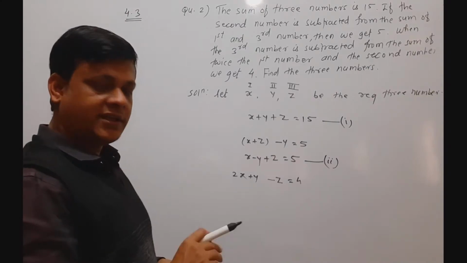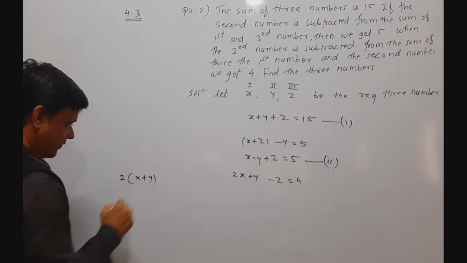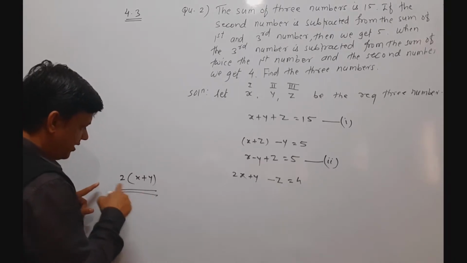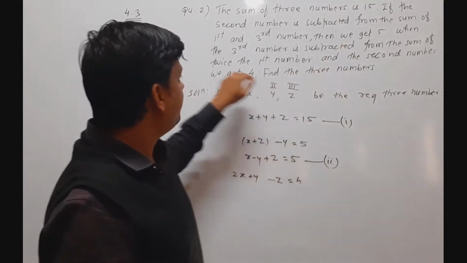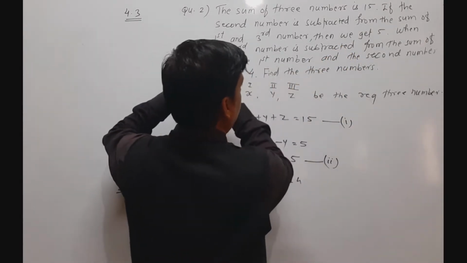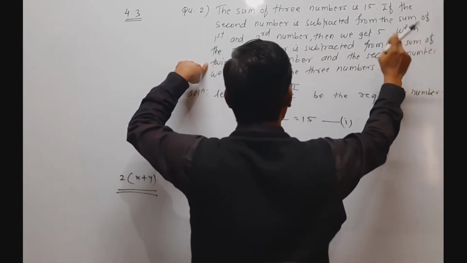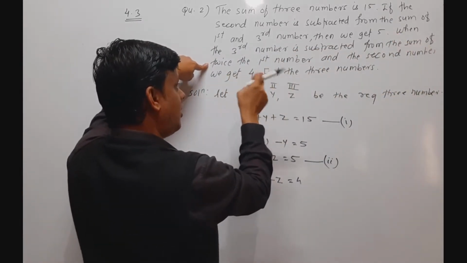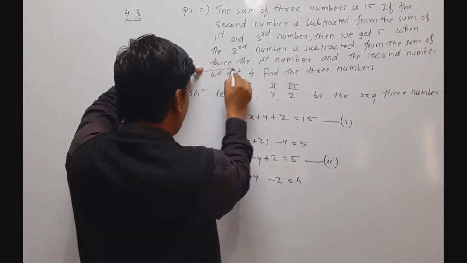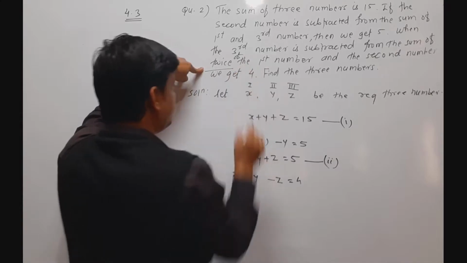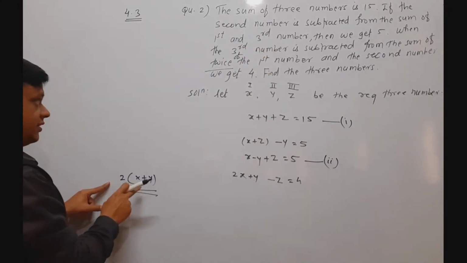But some students write this condition as 2 into x plus y. See, when third number is subtracted from the sum of twice of first and second number, then we have to write this condition.